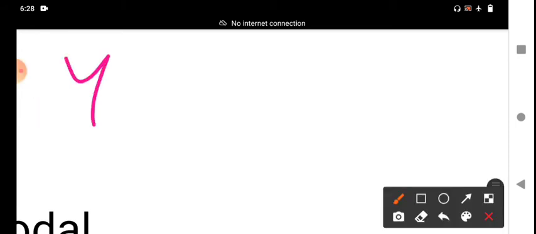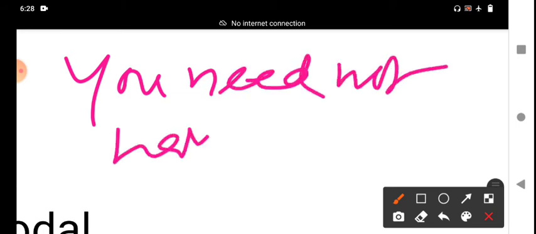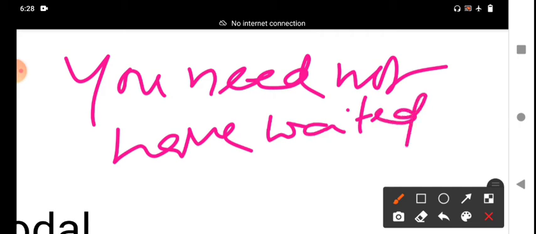You need not have waited for me. That means it was not necessary for you to wait for me. It is an unnecessary event. That function also the modal verb need can express.